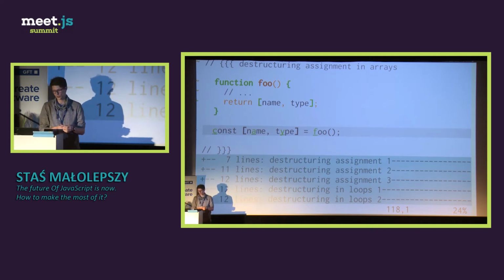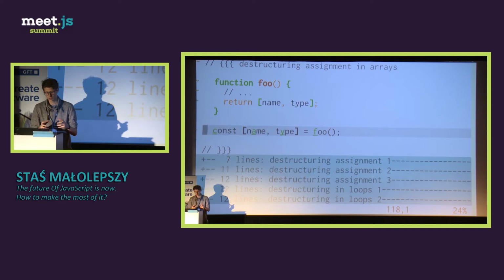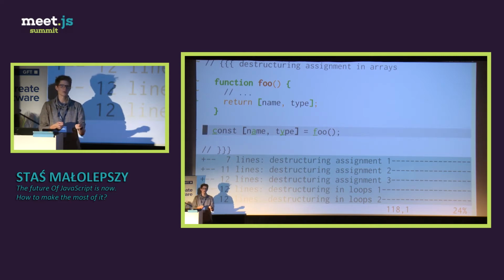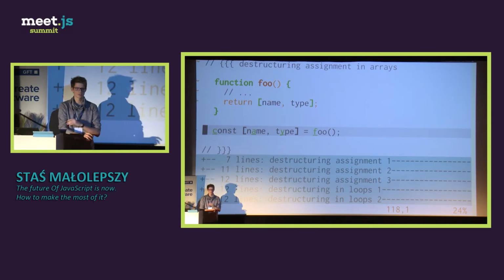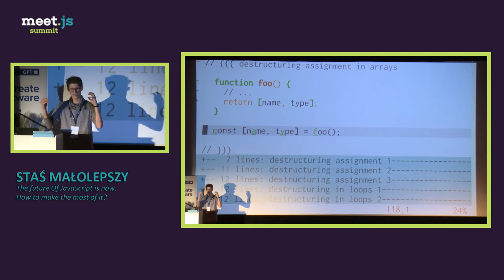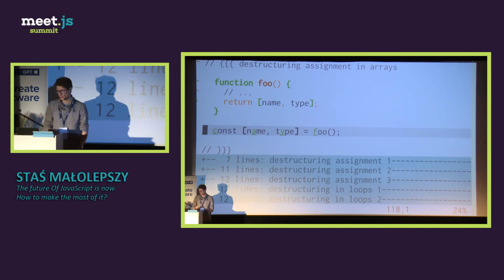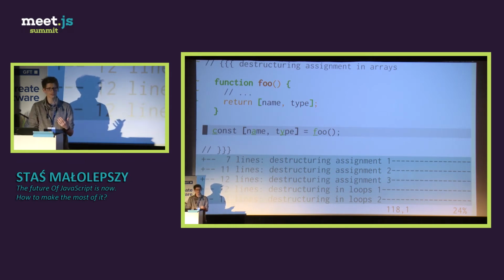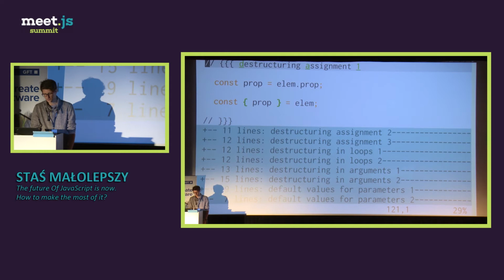This allows me to have better reasoning about what the code does. I start right away with the right names, and I don't have to do this really weird thing which takes 3 or 4 lines, where I assign to result and then take result.name, result.type. So this is really convenient, but I also feel like it makes the code better and much more readable just by the nature of being shorter.